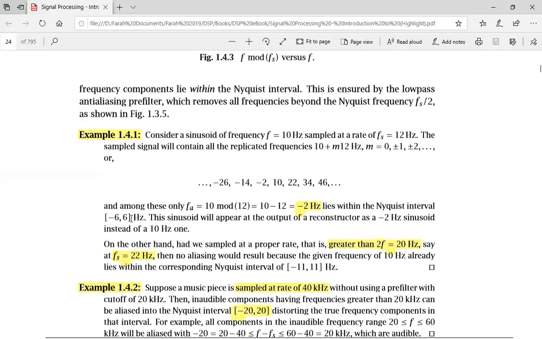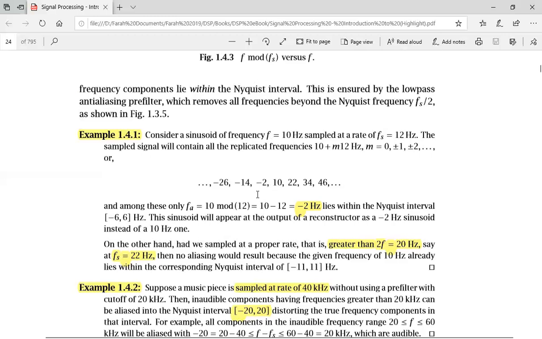If I compare this set of frequencies, what you observe is that within this minus 6 to 6 hertz interval, only the frequency component of minus 2 lies within it. It means you applied a 10 hertz signal for sampling, but it would be reconstructed as a signal of minus 2 hertz.